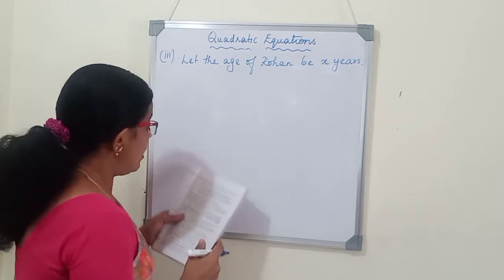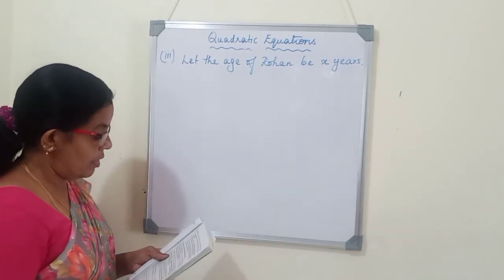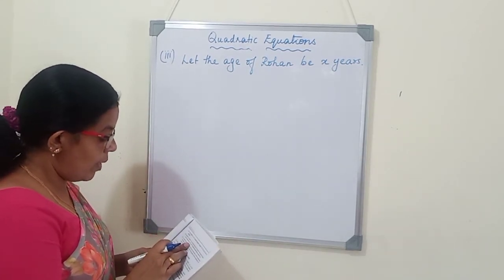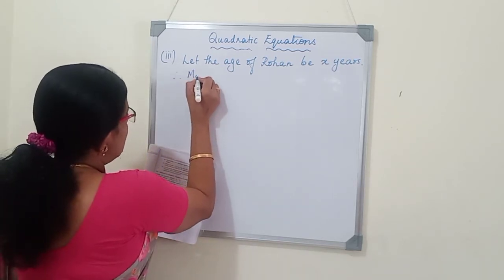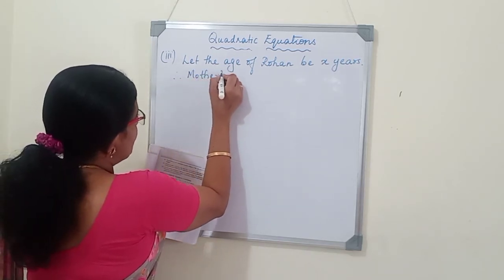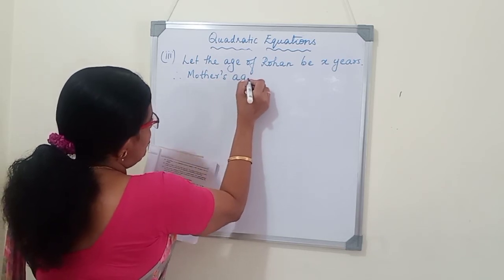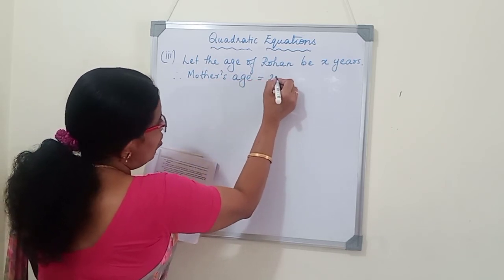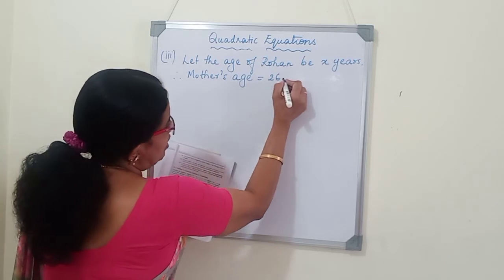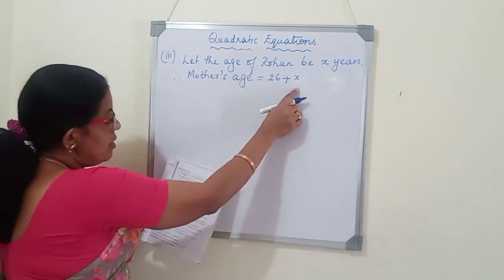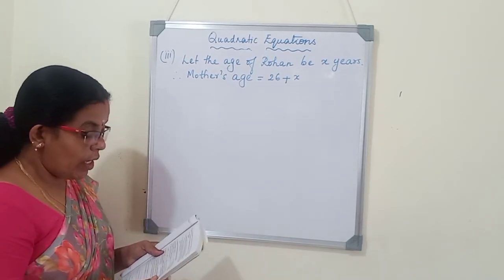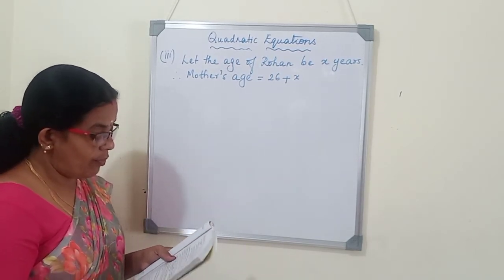Now, how can we write his mother's age in terms of his age? Rohan's mother is 26 years older than him. Therefore, mother's age equals, she is 26 years older than Rohan. So, 26 plus x or x plus 26. This is mother's age.